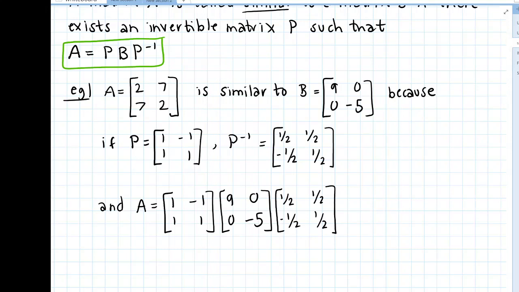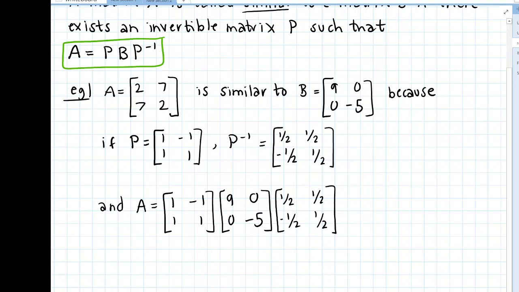I'm not going to do it on screen, but I would encourage you to try it yourself to convince yourself that it's true. And because this relationship exists, we can say that the matrix A is similar to the matrix B.